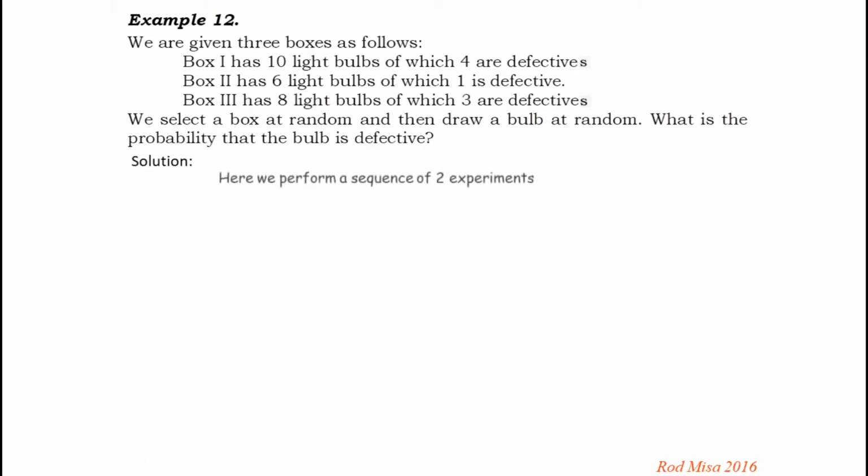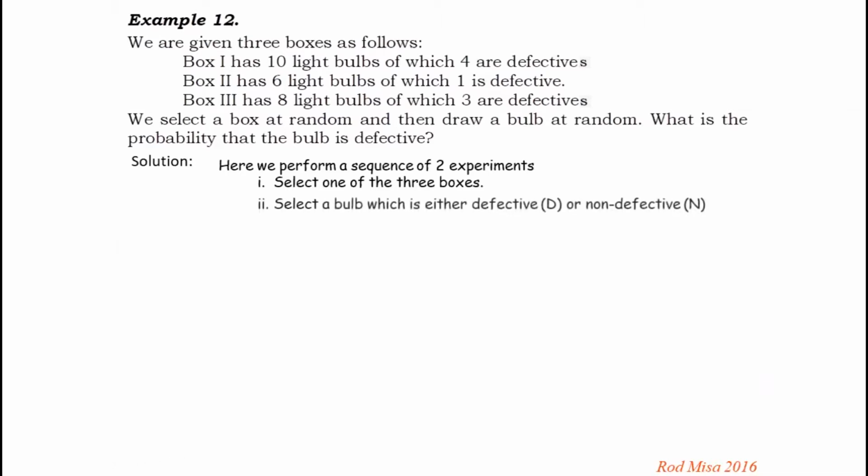So here we perform a sequence of two experiments. The first one is selecting one of the three boxes, and the next one is selecting a bulb which is either defective or non-defective, but the question is selecting a defective bulb.